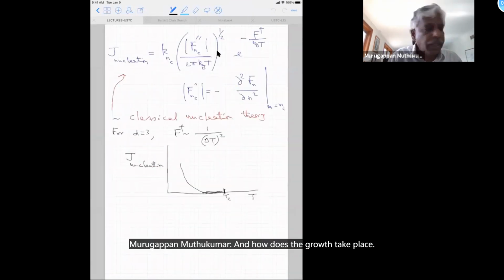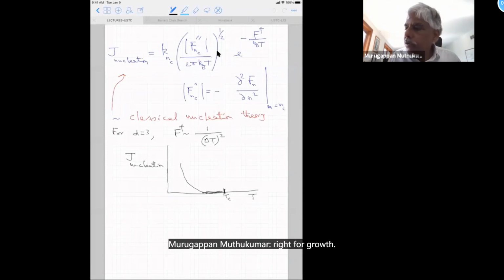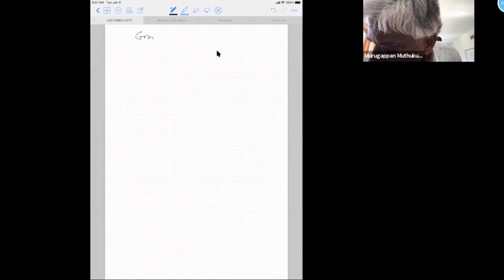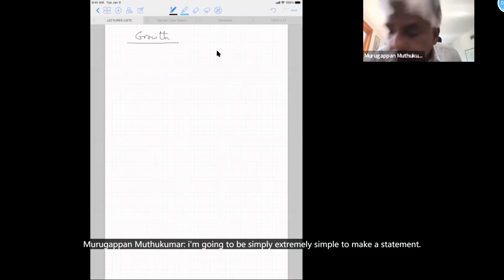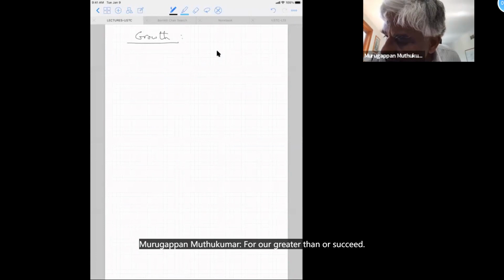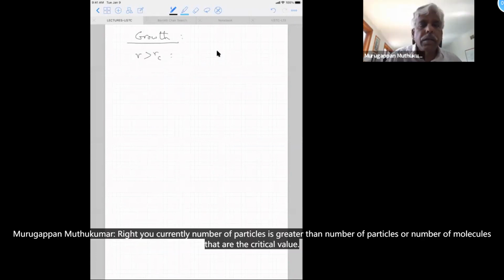And how does the growth take place? Right? For growth, I'm going to make an extremely simple statement. Okay, so growth is going to take place only for R greater than R_C. Equivalently, when the number of particles or number of molecules is above the critical value.